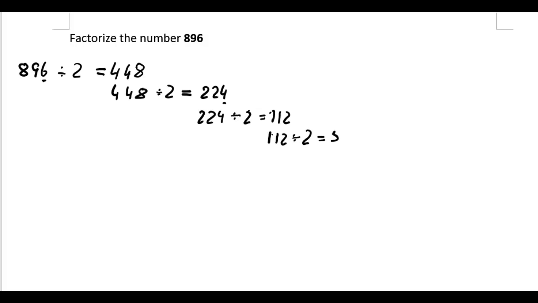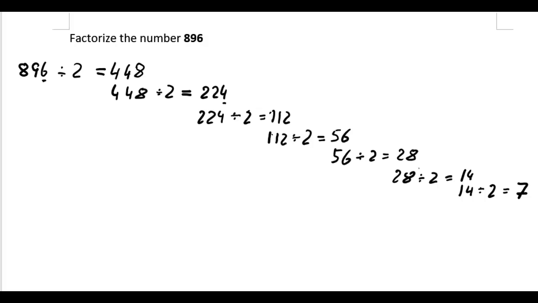And that would give us 56. And yet again, 56 can be divided by 2. That gives us 28. And you guessed it, 28 can be divided by 2. That gives us 14. And 14, again an even number, divided by 2 equals 7.